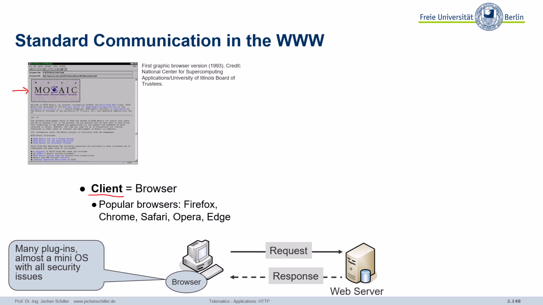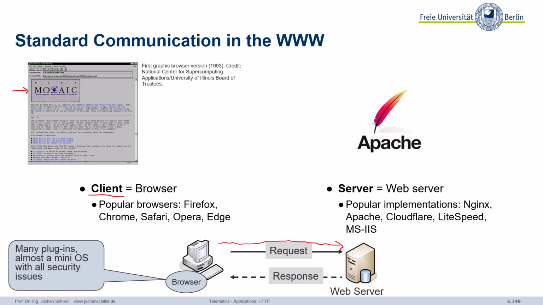They may have several plugins and fancy features, but in the end, the classical browsers request content. And then we need a server. Then we have web servers: Nginx, Apache, Cloudflare, Lightspeed, Microsoft Internet Information Server.